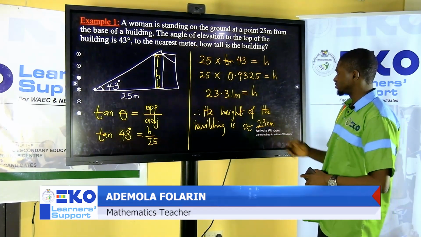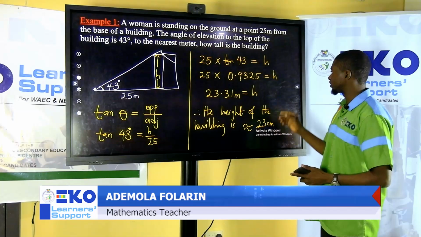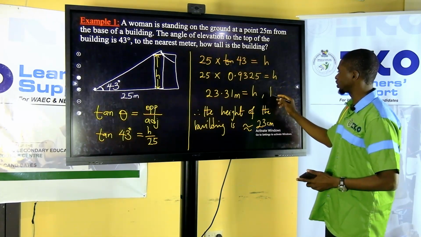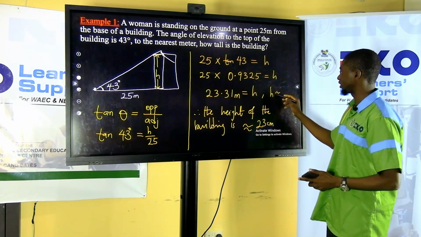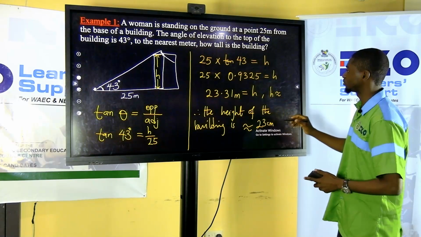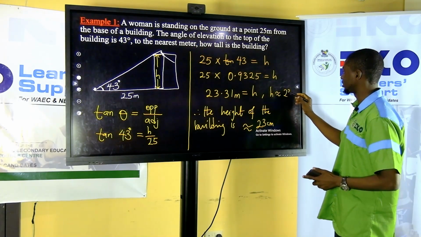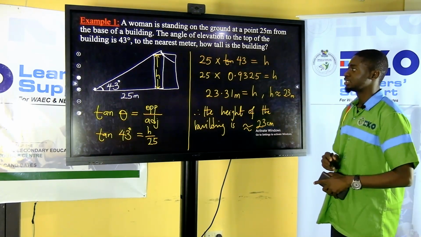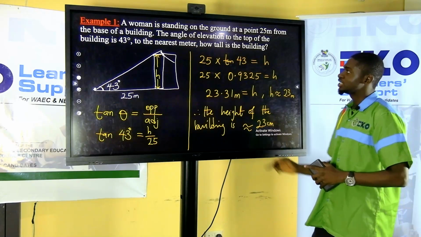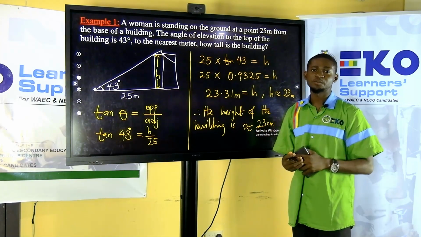So for WAEC, when we get here, it's not out of place to let them know that h is approximately, let's not forget the sign of approximation, 23 meters. So we've been able to successfully answer this question.